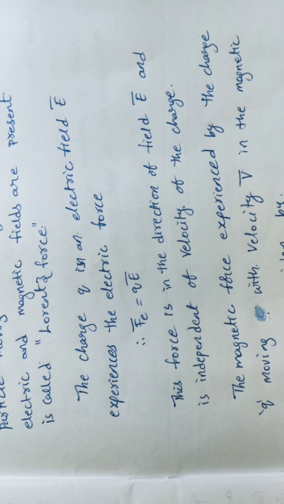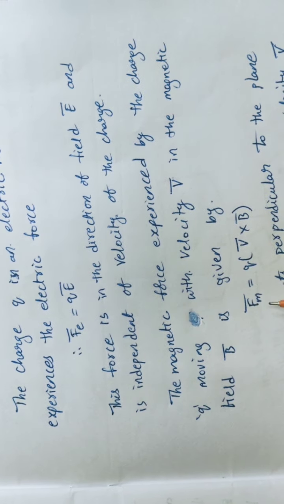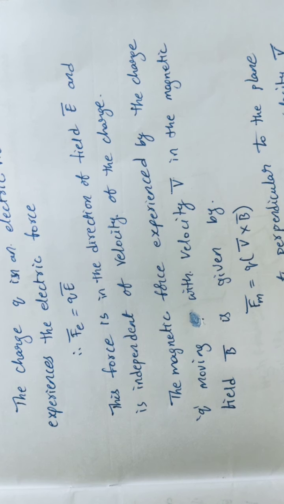But if a charged particle is moving in a magnetic field, the force depends on the velocity and the magnetic field. In the case of the magnetic field, the force developed is represented as Fm bar = q (V bar cross B bar).